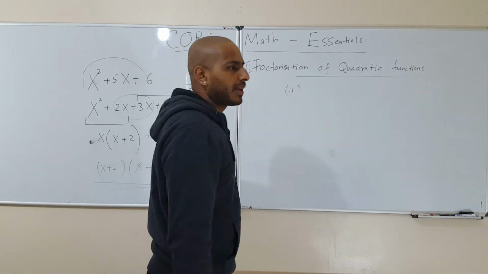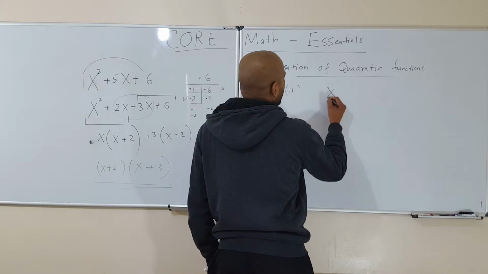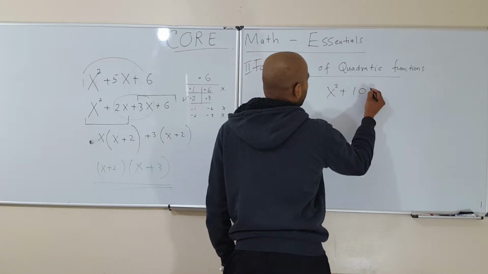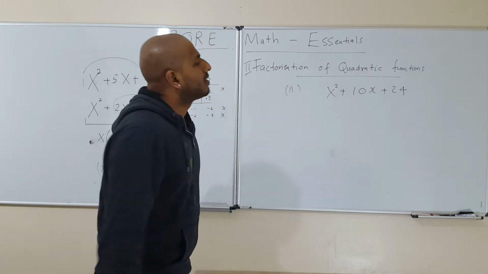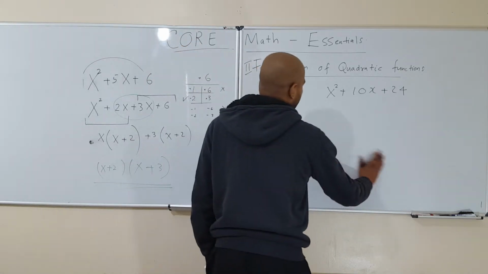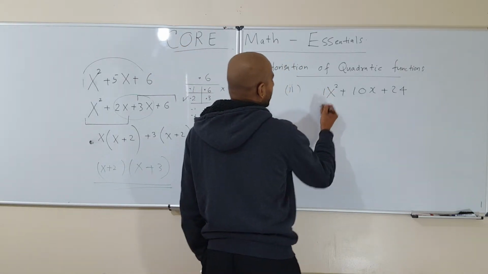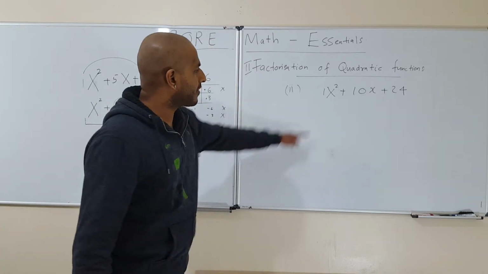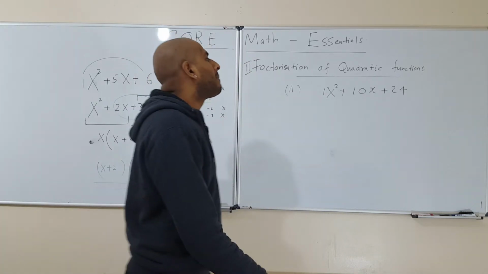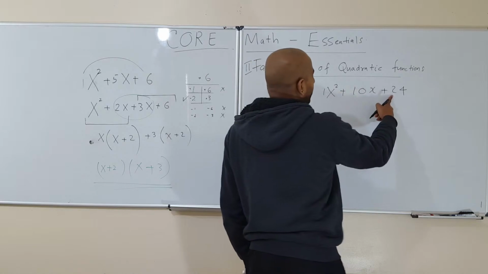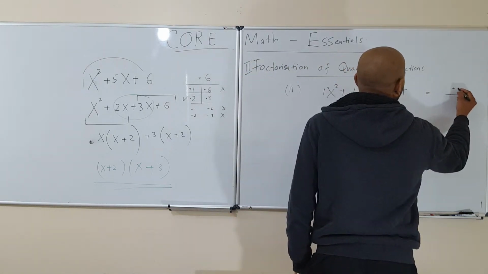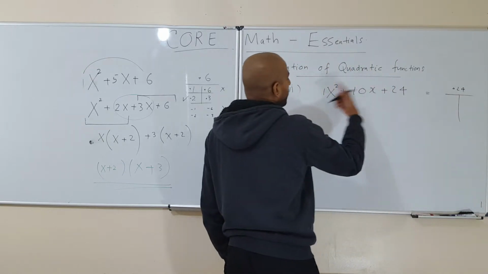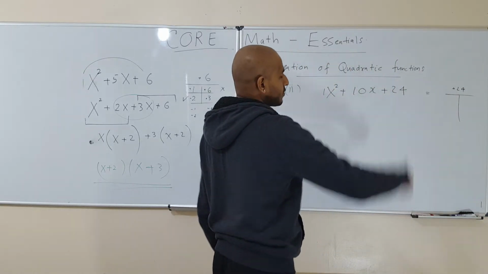Let's say we have a question like this: x squared plus 10x plus 24. Again, we can see the coefficient at the front is 1. So 1 times 24, we're going to get plus 24, because plus 1 times plus 24 is plus 24.